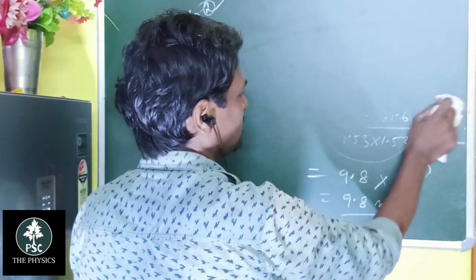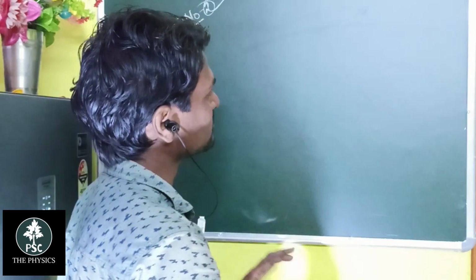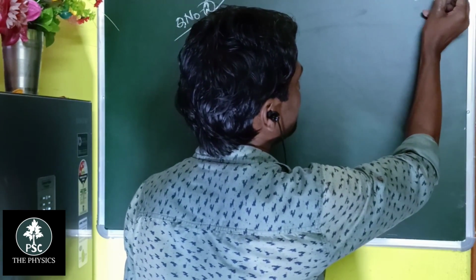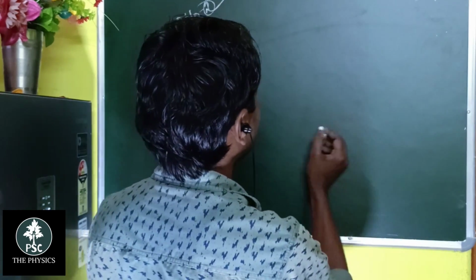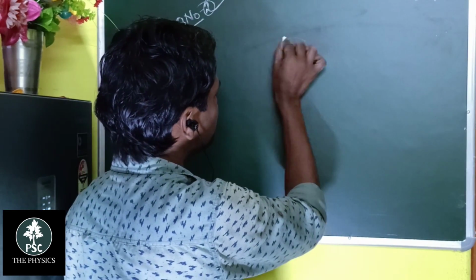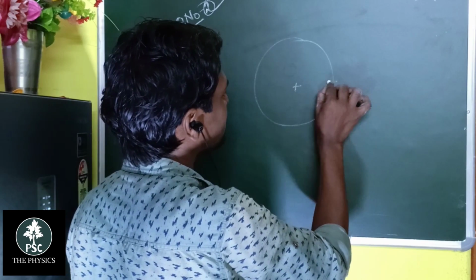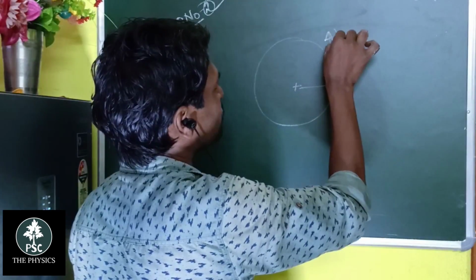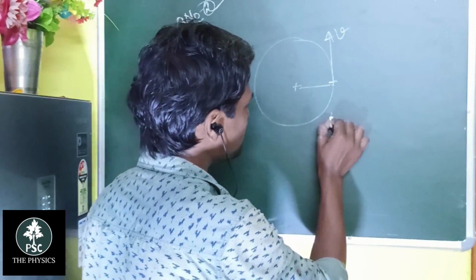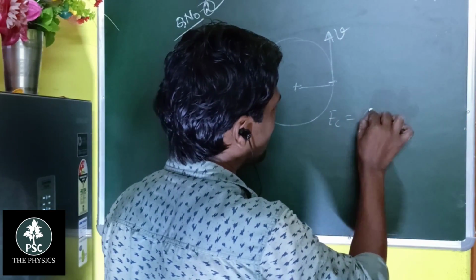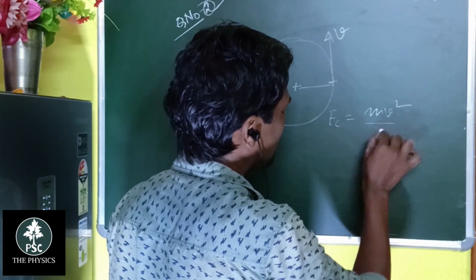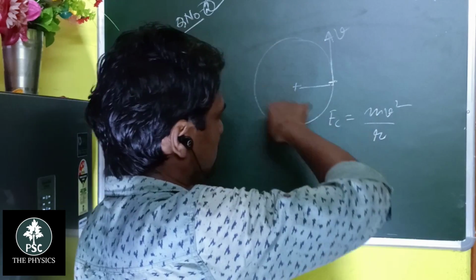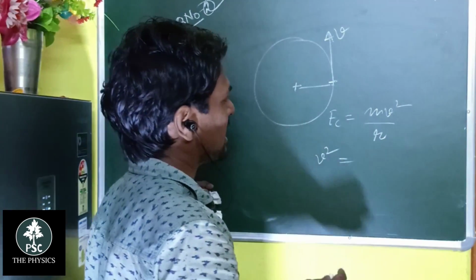Okay. So the next one is, here FC is given, that is 9.8 nanonewton. And there is a proton and there is an electron, and the distance is also given, and the electron is moving with the velocity v. So FC is mv square by r, and you have to calculate v square, the velocity with which the electron rotates in an atom.